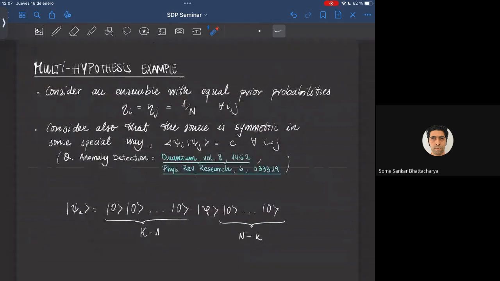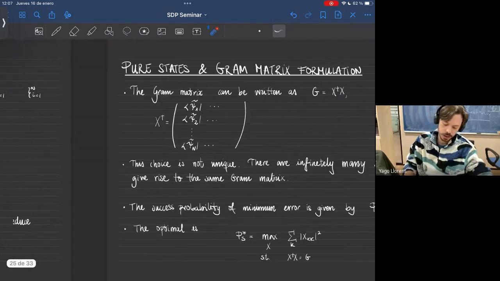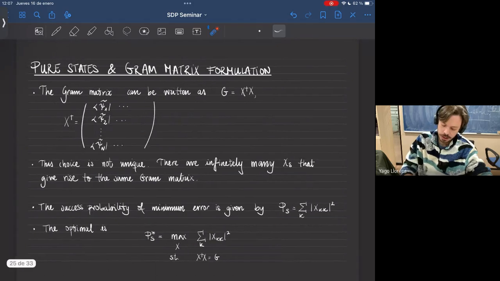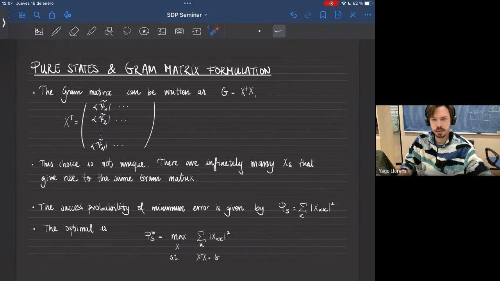So when using the gram matrix, what you are doing is changing the representation of these states to the one that they span, instead of the one that composes the full Hilbert space. This has a lot of representations that you can use, and one of them is more appropriate than the others.